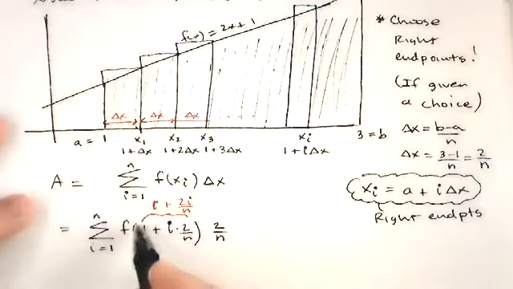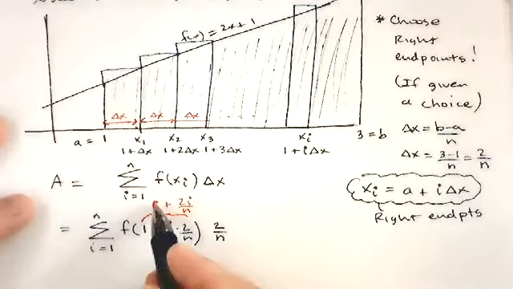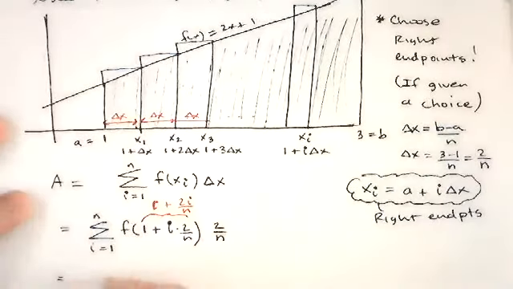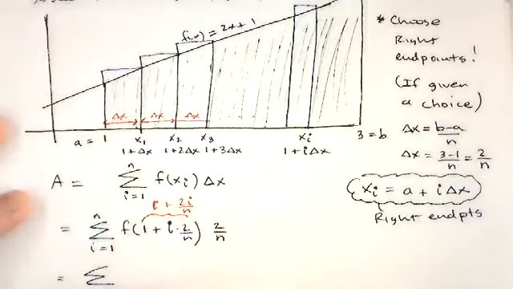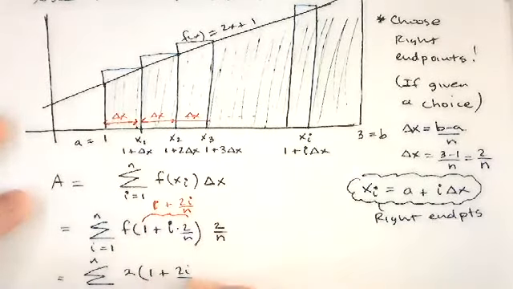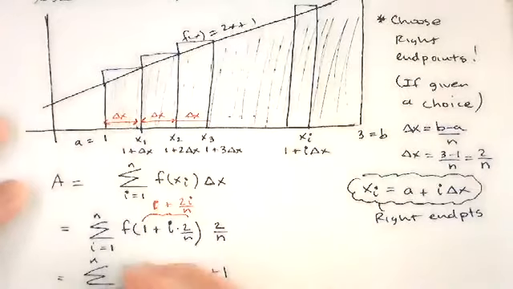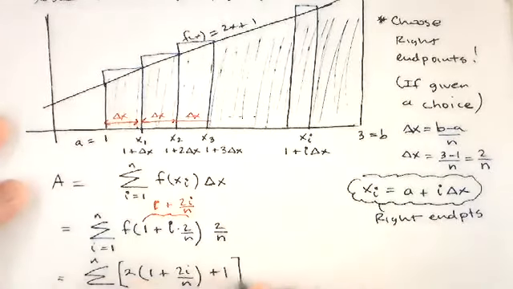So I know this looks weird, but if you're asked to do f of 1 plus 2i over n, you're just going to put that in for this x. That's going to be 2 times 1 plus 2i over n plus 1. Just putting that in for x. And that whole thing now is going to get multiplied by 2 over n.